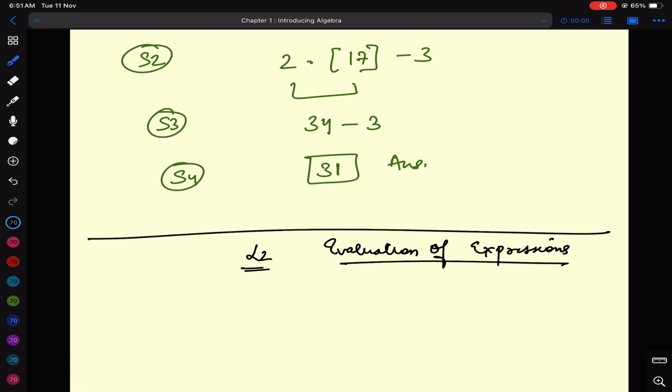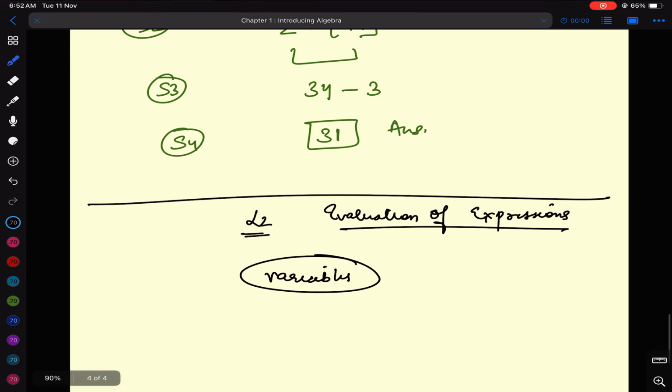Okay, so when I say expressions, obviously the expressions will have variables as well as constants, right? So what do we understand from the variables? A variable is any letter, like sometimes we assume the variable to be x, y, z, or any alphabet for that matter. And what do the variables represent?